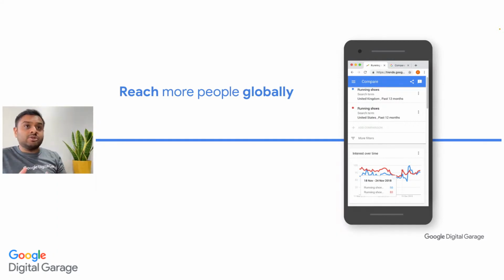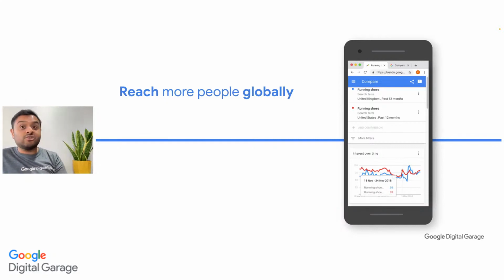Even if you are a business that is just focusing on your home country, you can use tools to help you identify whether there is an interest in your product or service offering in other countries. One of the tools you can use is the one you can see here on screen with the screen grab, which is Google Trends.